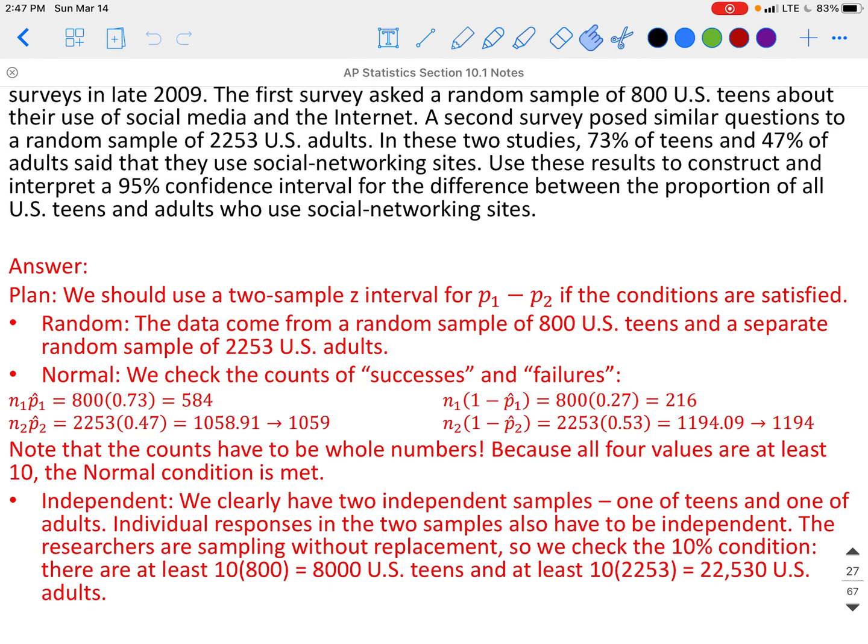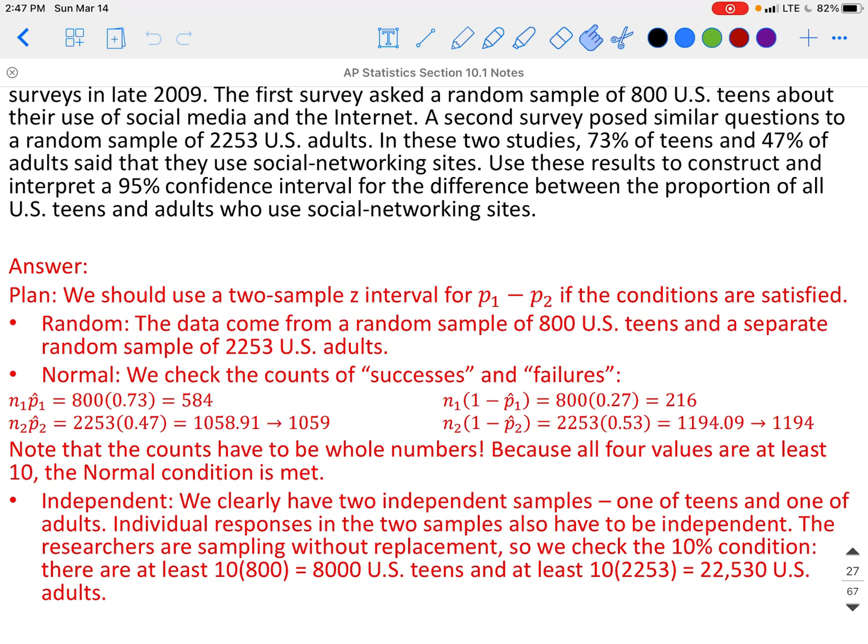If we do the same thing for the adults, we get 1,058.91, which we would round to 1,059, and the number of failures is 1,194.09, which we would round to 1,194. This is because the number of successes and failures have to be whole numbers. You can't have a part of a failure. But all of these values are at least 10, so the normal condition is met.